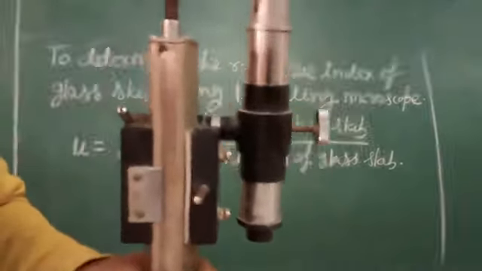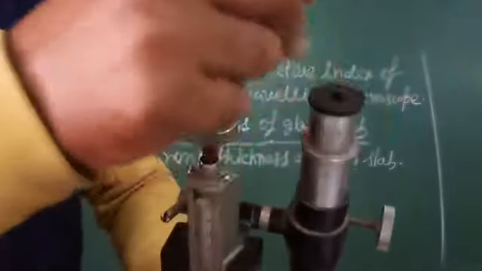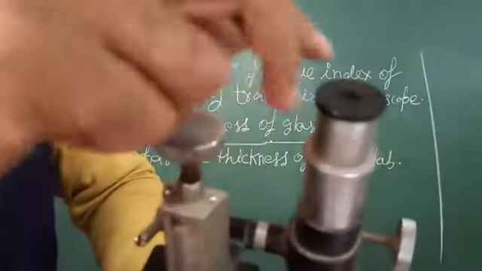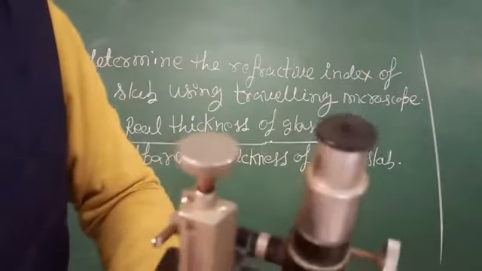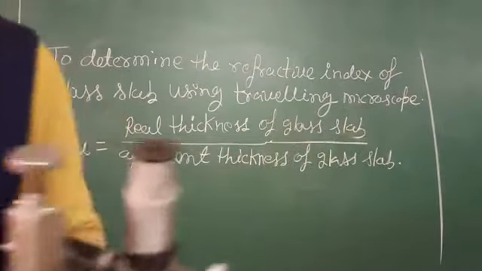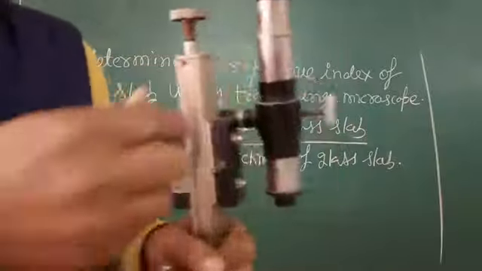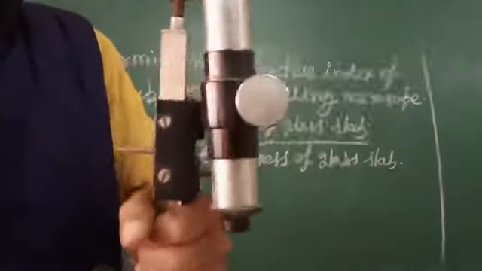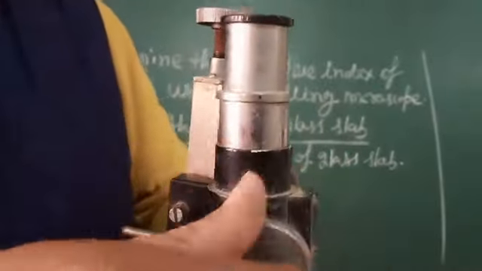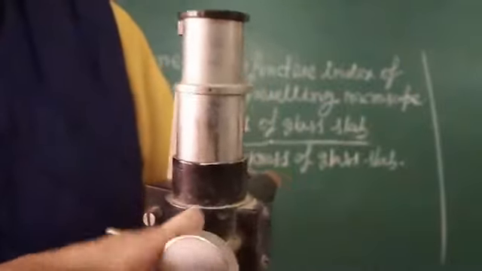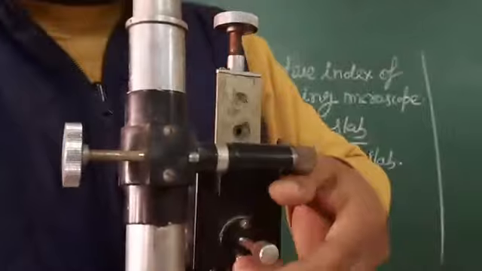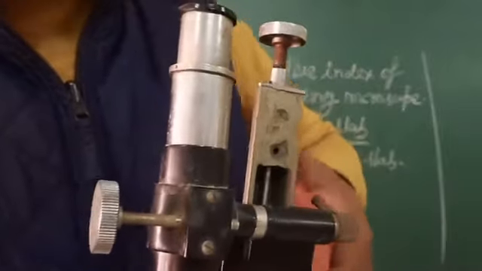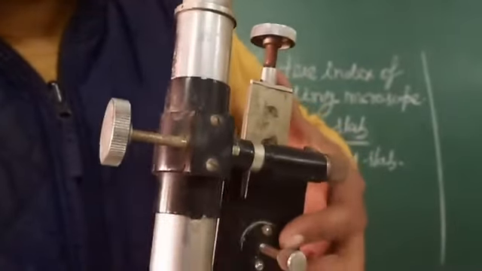It has an eyepiece lens, and we will see all observations from here. We can move it upwards and downwards, rotate it, and change the distance in the upward and downward direction.